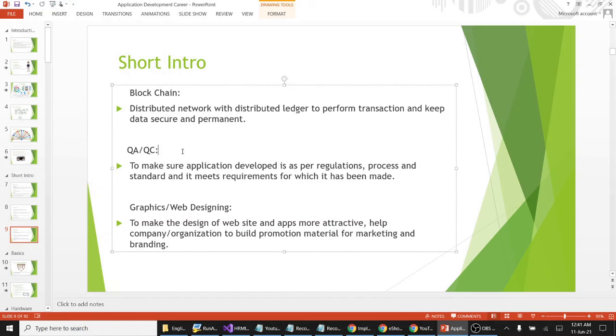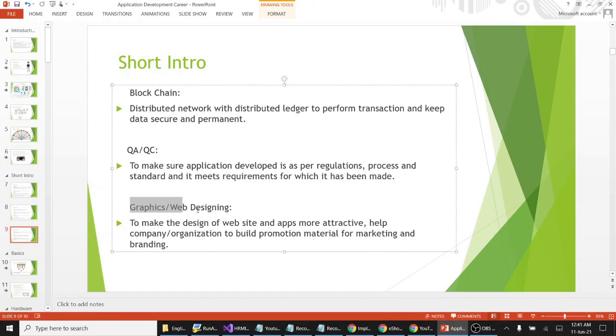It may be an organization process, or it may be some standards, and the application should meet those standards and have compliance. We need to assure the quality of the product and control it, so that what we produce is according to the needs of the client.